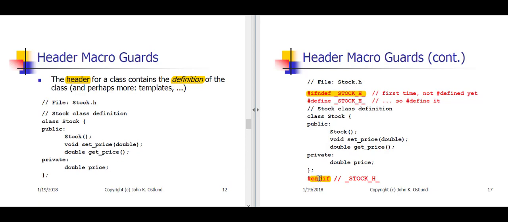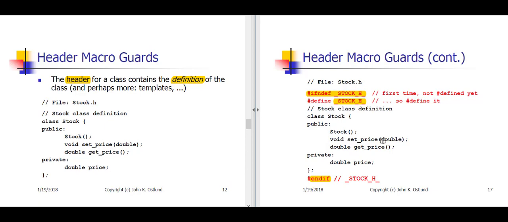Now, when that code between if-and-def and end-if is processed, we are defining the token _STOCK_H_. Notice that we don't have to define _STOCK_H_ to be replaced by any sequence of characters.